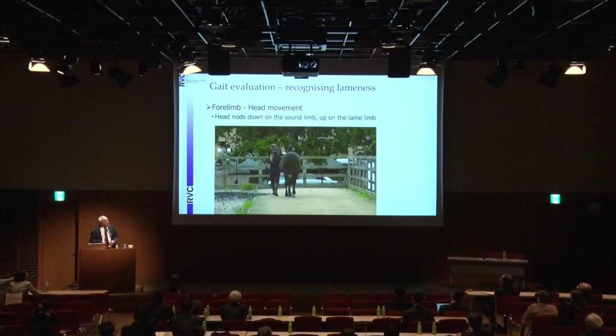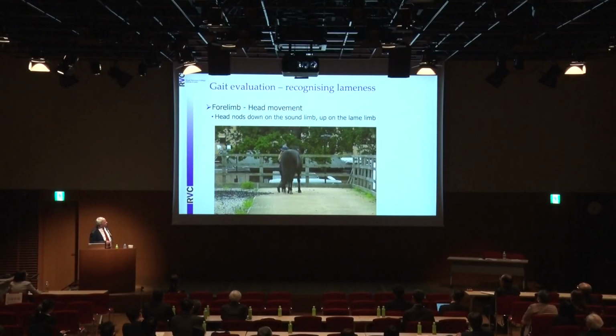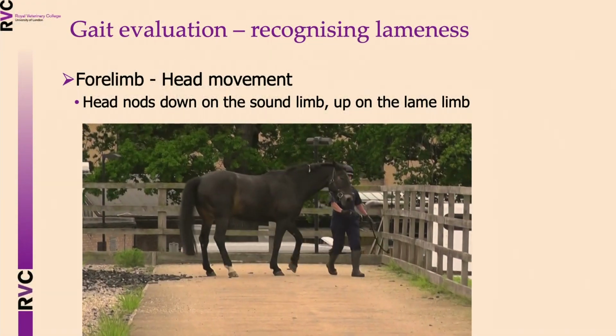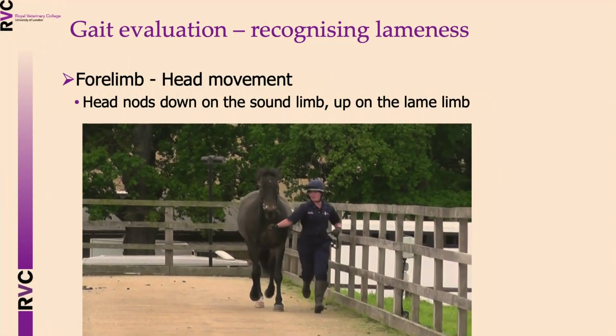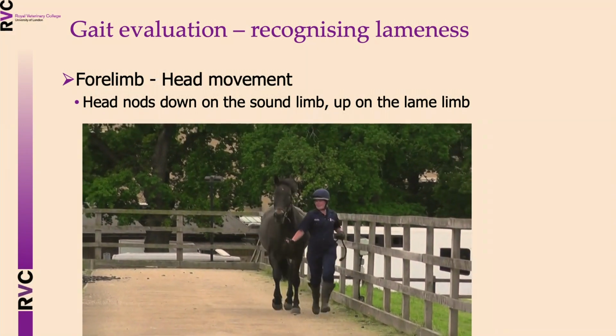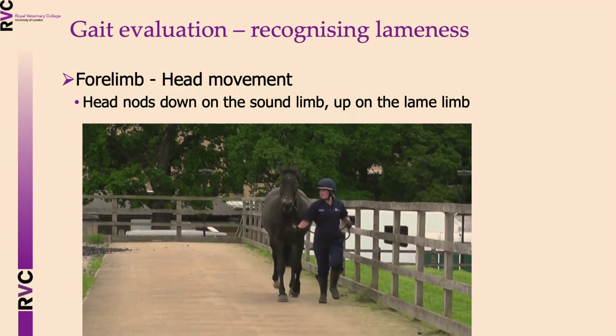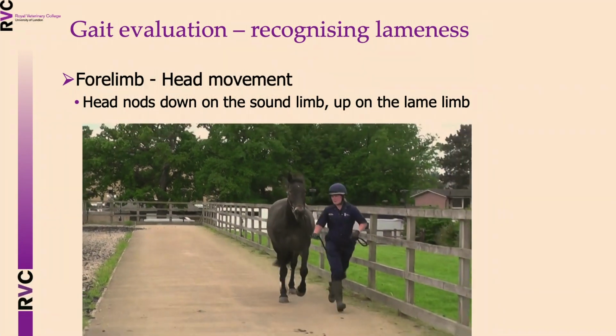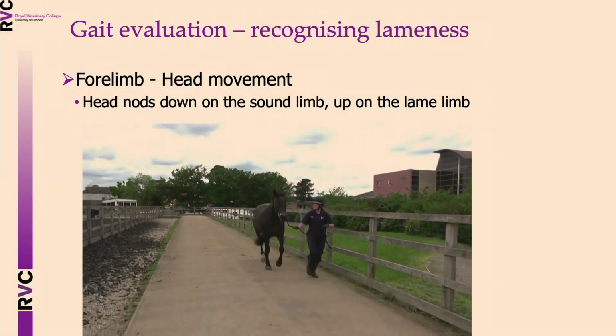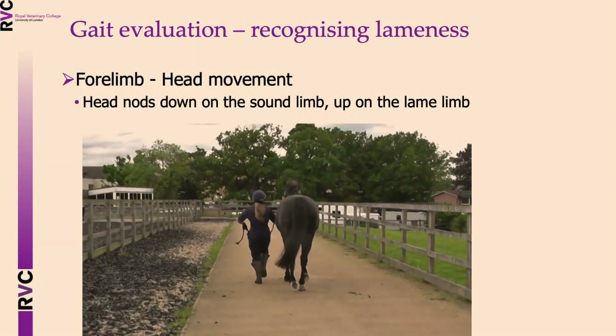So for the forelimb, it is very simple. We're just looking at the head movement, and the head nods down on the sound limb and up on the lame limb.